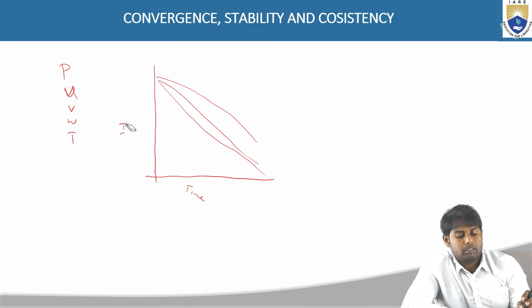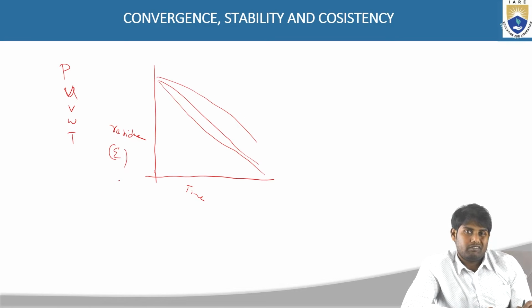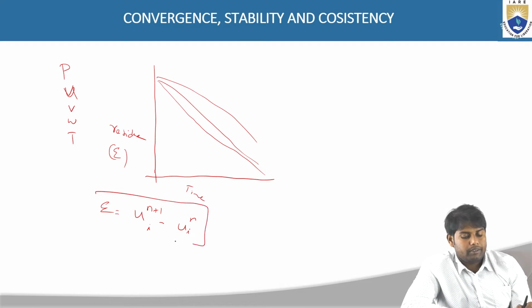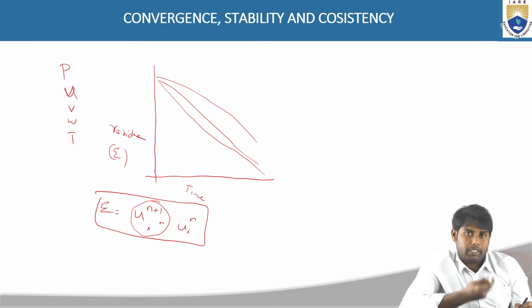This is called residue. Okay. So basically, the residue or the epsilon which we are talking about is user defined. So let's say epsilon will be u of n plus 1 minus u of n. So this is what we have. The value of velocity at a particular grid point at the next time level and the initial time level.